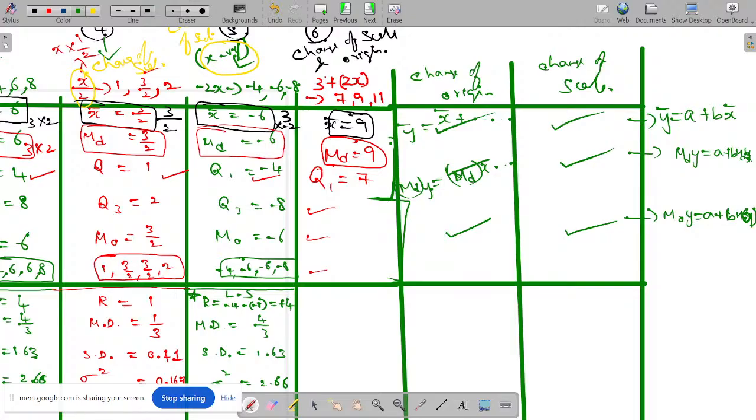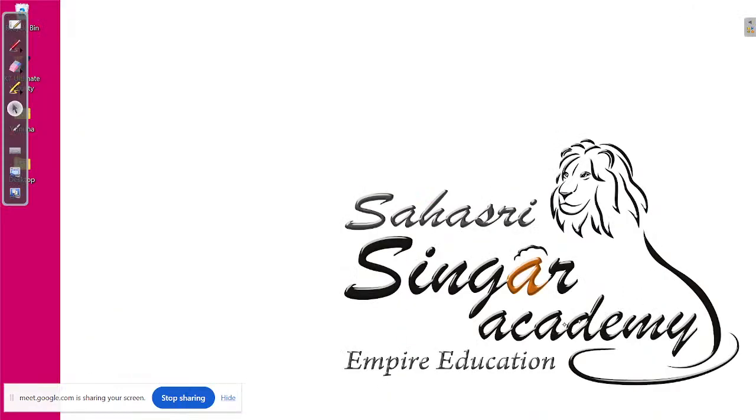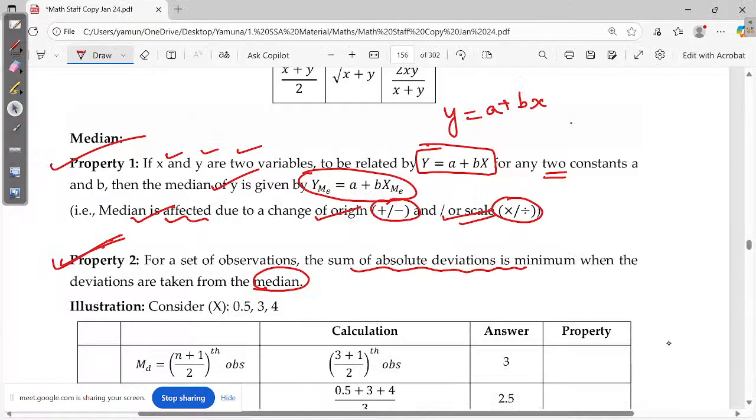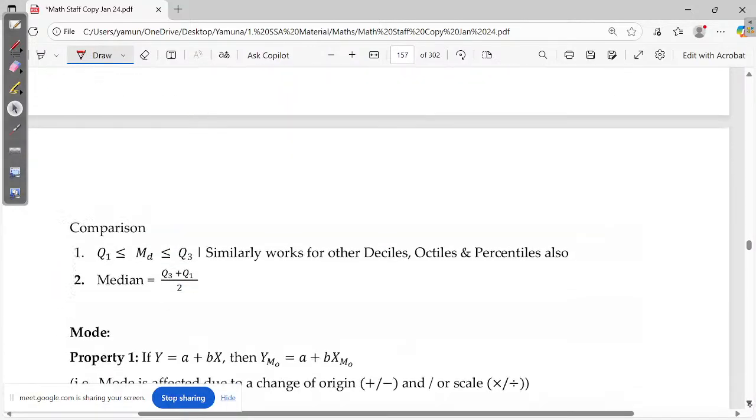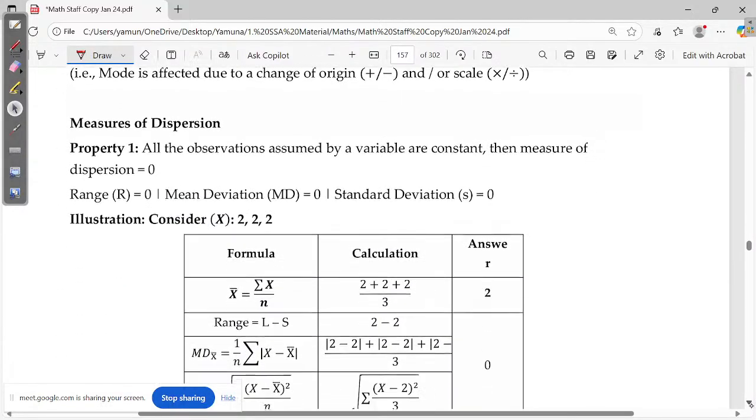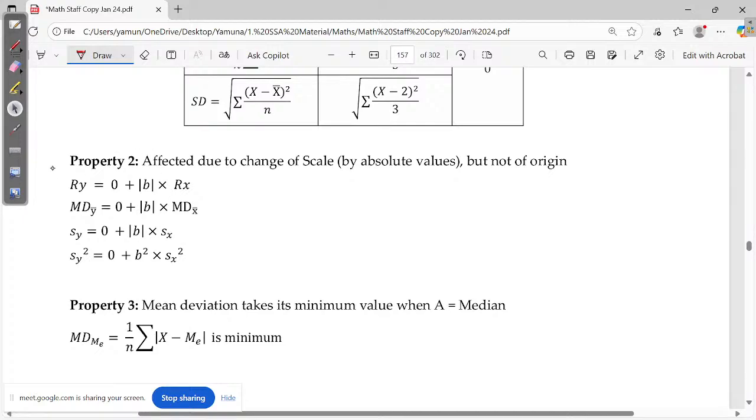Shall I go for measures of dispersion? Is it the same case for measures of dispersion? Let us check. Go for the property on page number 2.11. Property number 2: affected due to change of scale but by absolute values, but not of origin.